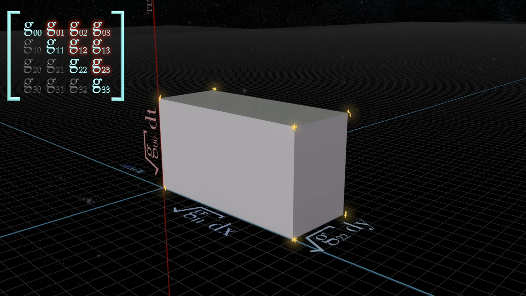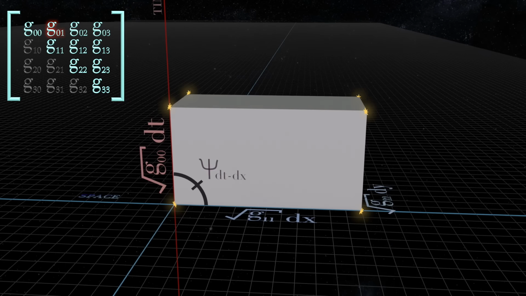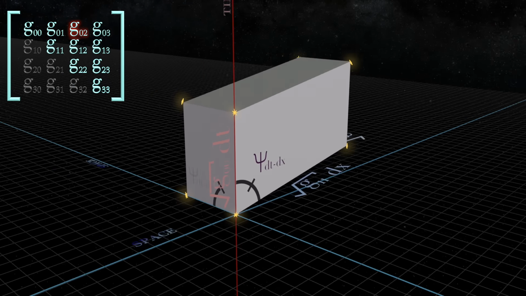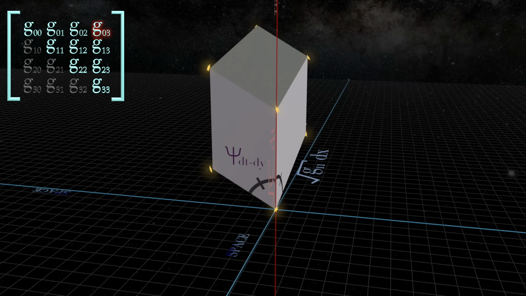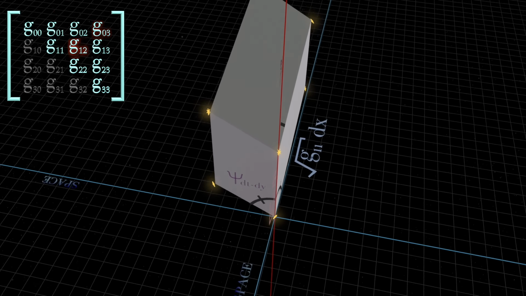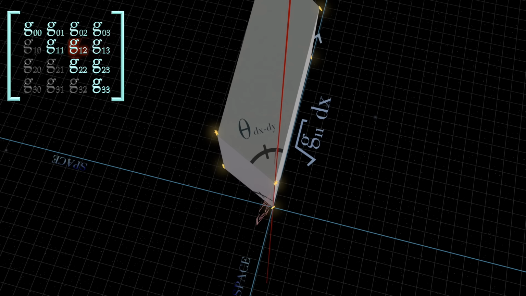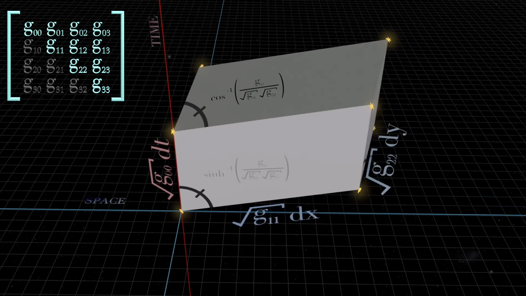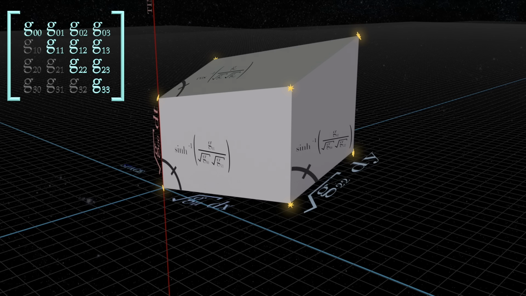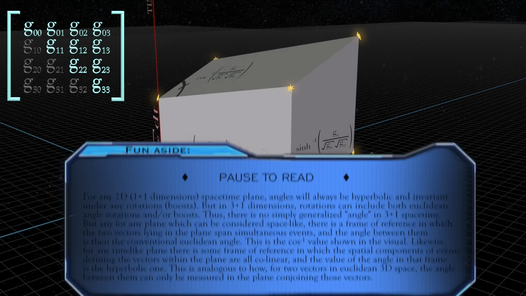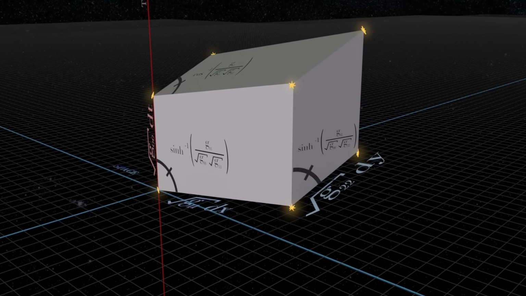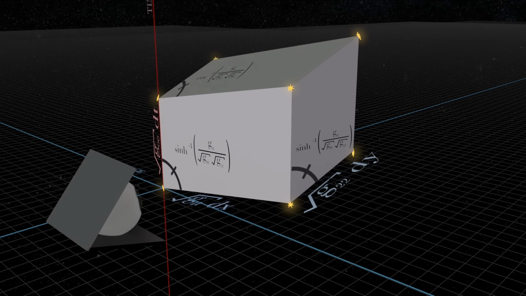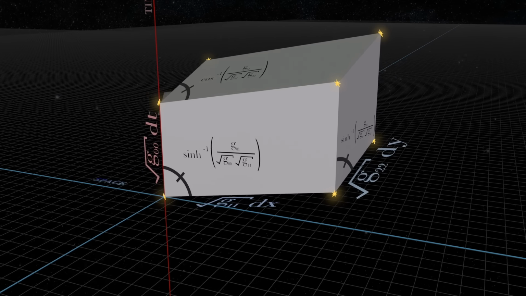Meanwhile, the 6 off-diagonal components will tell us how much to skew the 6 coordinate angles dt dx, dt dy, dt dz, dx dy, dx dz, and dy dz in order to match them to their proper spacetime values. These proper spacetime distances and angles are, of course, the ones that would be measured by observers local to the system there.